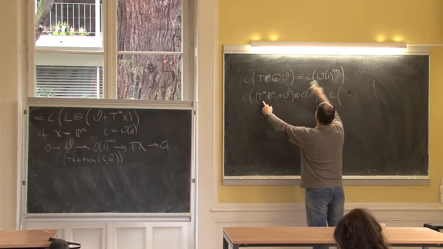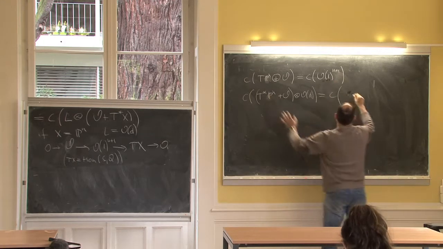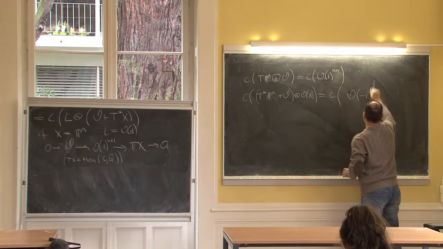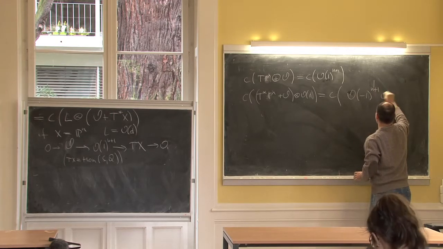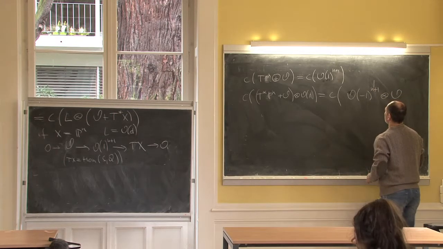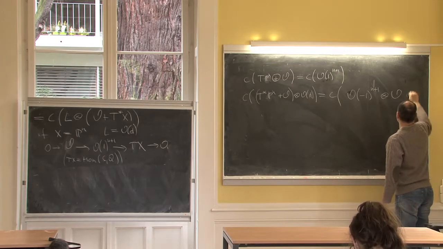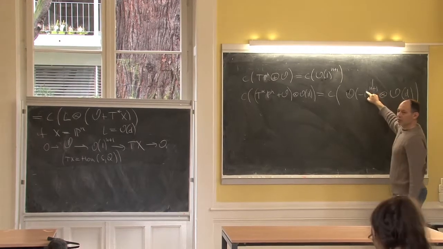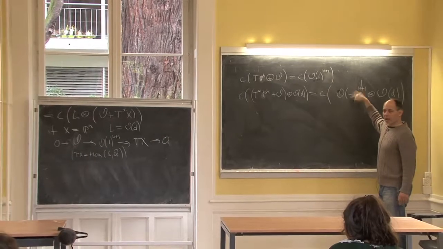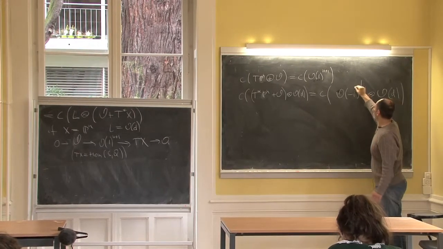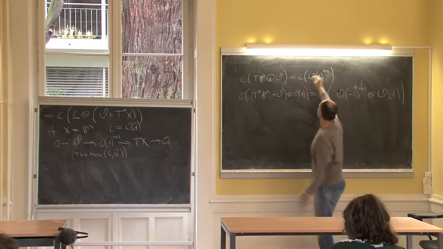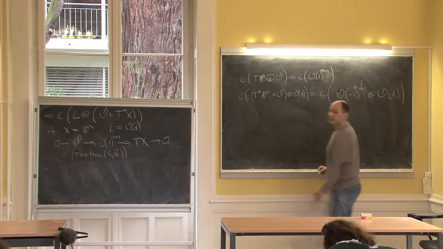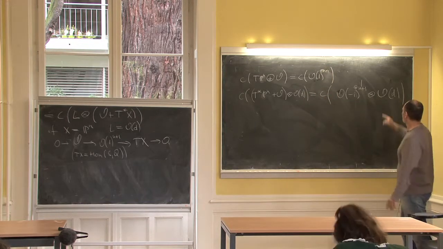This sum is just O of minus 1 now, right? So it's just going to be O of minus 1 and plus 1. And then I will tensor this with O of D. So I hope this is not too confusing. This n plus 1 is not a power. It's a direct sum. When I write n plus 1, it always means that, an n plus 1 fold sum.